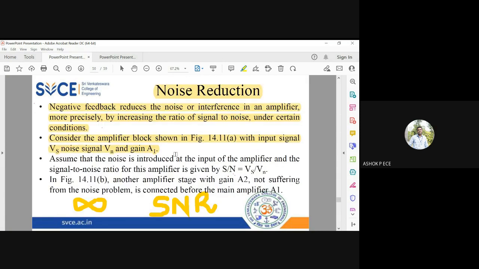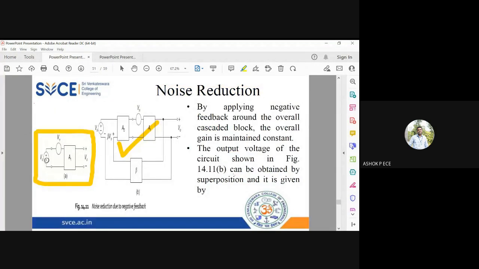So I'm going to consider an amplifier with input signal Vs, the noise signal is Vn, and the gain is going to be An. You know the signal to noise ratio, SNR, is given by Vs by Vn. What is the input signal to the amplifier, and what is the input noise to the amplifier?